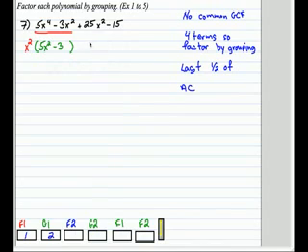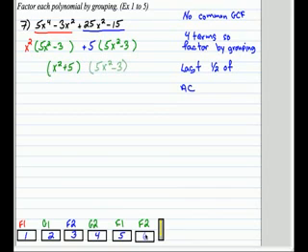So I know that's what I'm going to be shooting for in this next group. So I take out a 5, that's what's in common, no common variables, and have a 5x squared minus 3. Bring things together. X squared plus 5, the common factor, 5x squared plus 3.